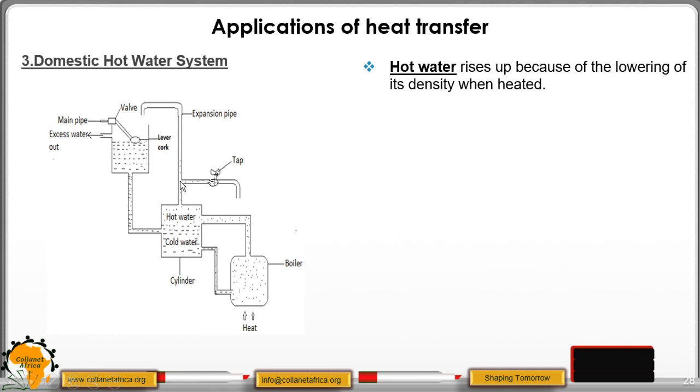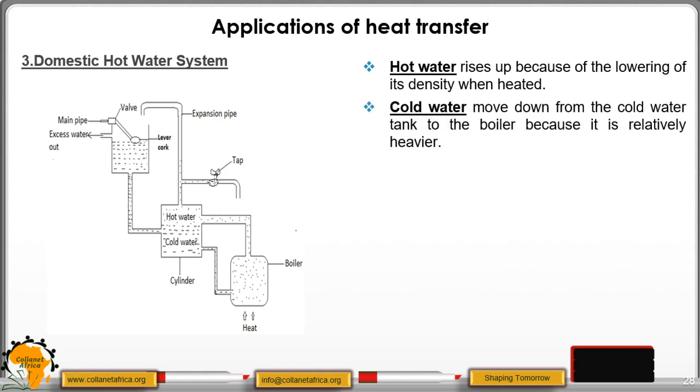It rises up. Then the cold water that is heavy passes through these pipes and comes and occupies this place. They in turn get heated, and as they get heated, they become less dense and rise up.